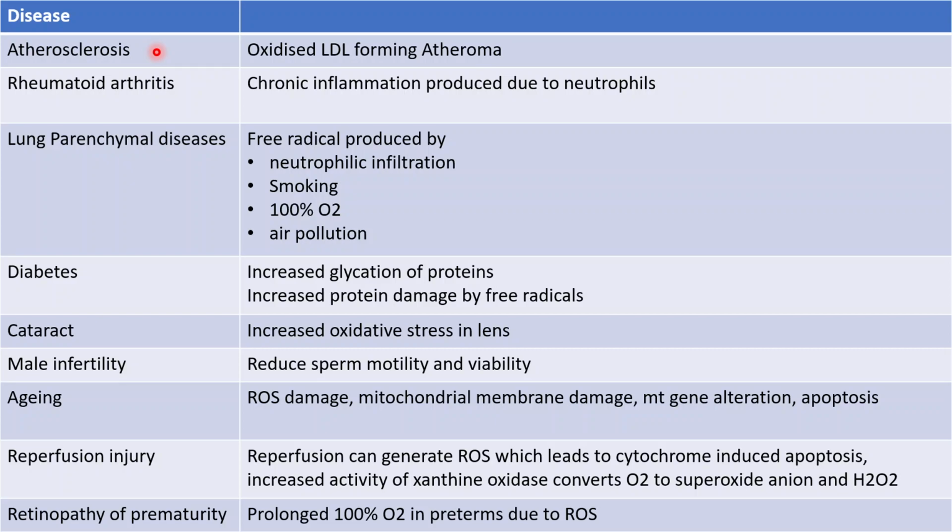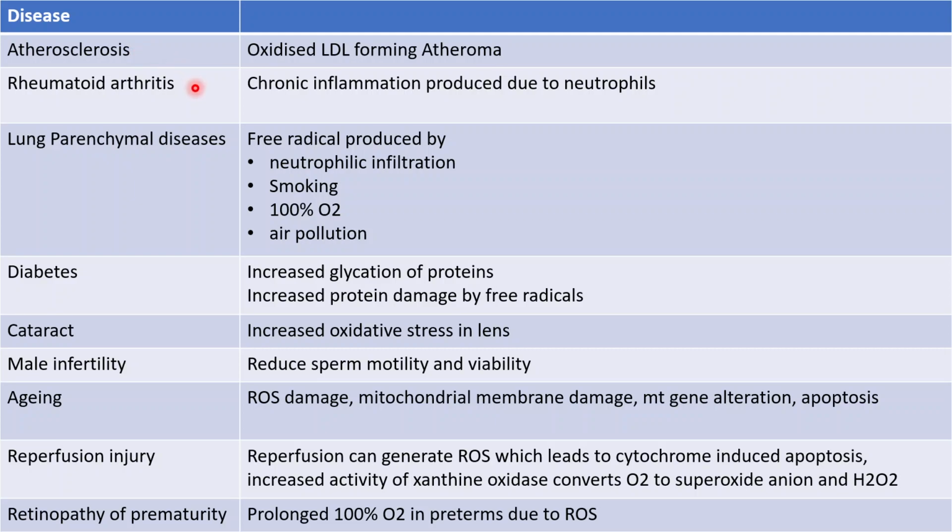Now this atheroma is made up of LDL particles which get deposited. Now it is the oxidized LDL particles which form atheroma. So LDL is targeted by the free radicals and forms oxidized LDL. This oxidized LDL leads to formation of atheroma. So this atheroma is a component of atherosclerosis which causes obstruction of the blood vessels.